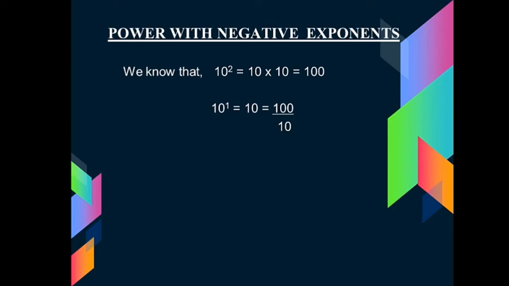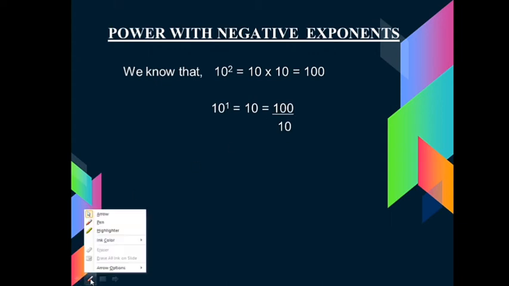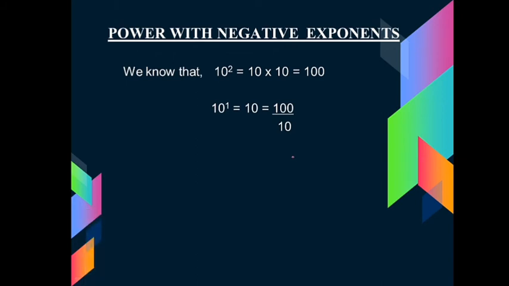Then what is 10 raised to the power 1? If exponent is 1, it means we write only 10 one time, and this can be written as 100 divided by 10, and 100 divided by 10 equals 10 only. Yes, here 0 and 0 will get cancelled, so what is left? 10. That's why 10 raised to the power 1 equals 10.